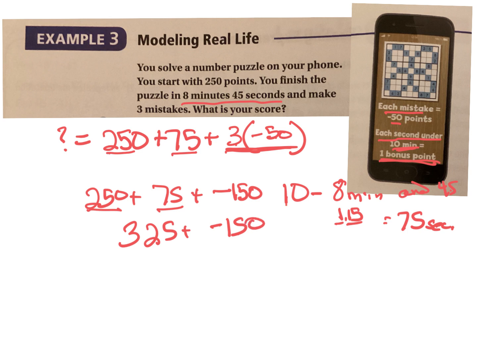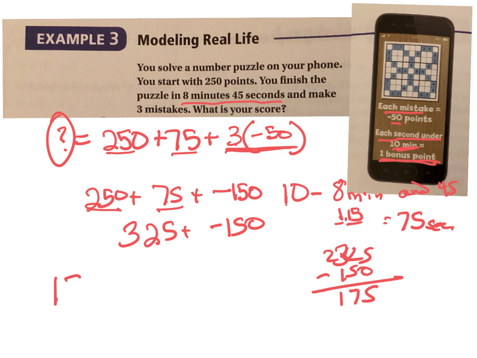So now I just have to take 325, take away my 150, and that is 175. So my score now is 175.